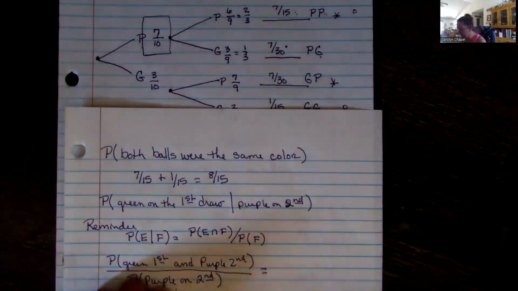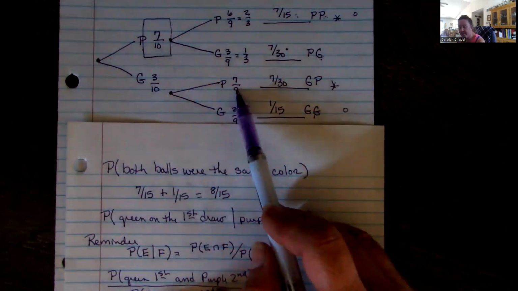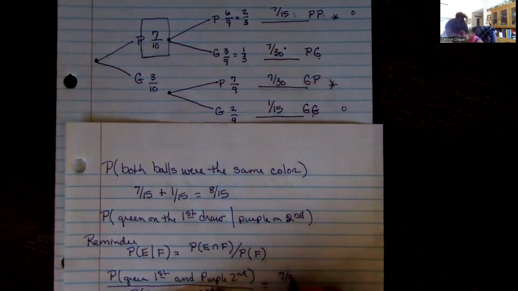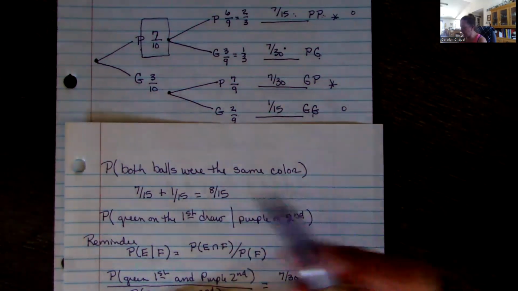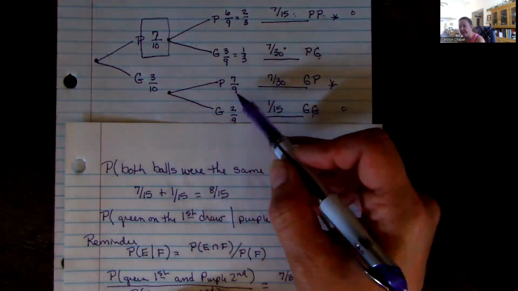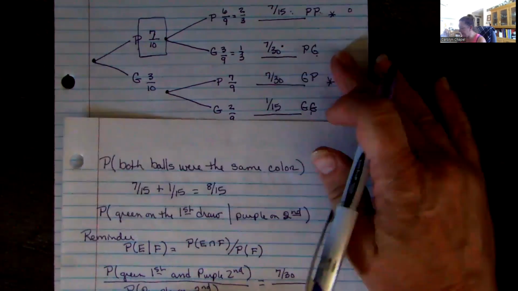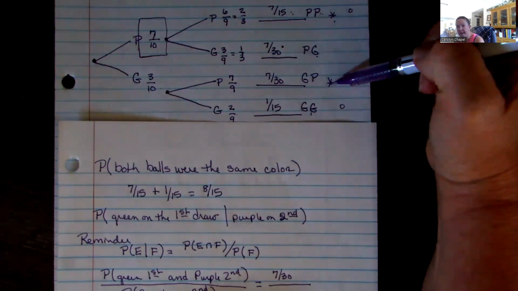The probability of green on the first and purple on the second, that's our green purple branch. That's that 7 out of 30 that we had calculated before. That's our green purple, because we had a green on the first and a purple on the second. The purple on the second, we've already kind of done this one, that was this starred piece or that starred piece.